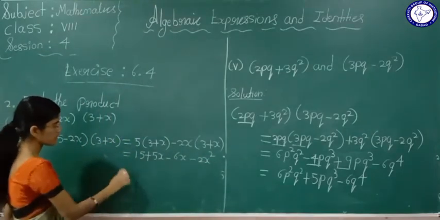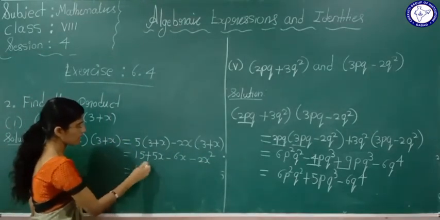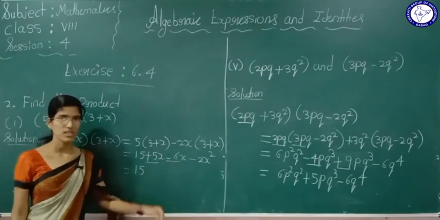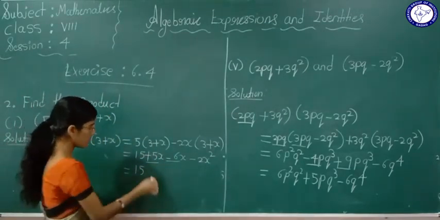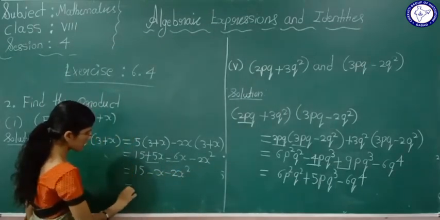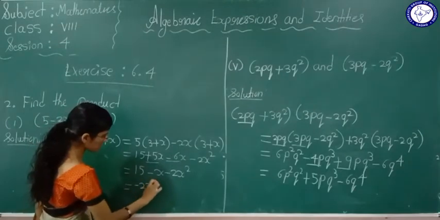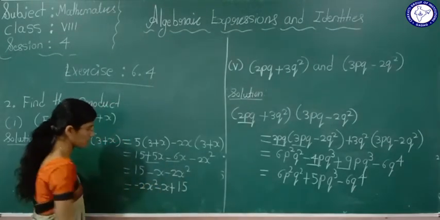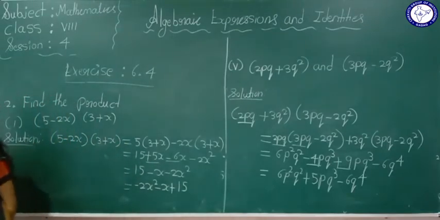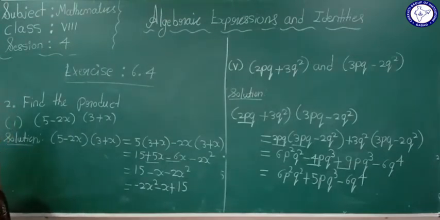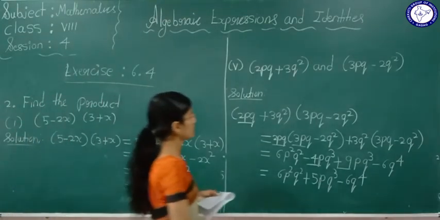Now what it will become? 15. So like terms can be added or subtracted. Plus minus is minus, 6 minus 5 is 1. It will become minus x minus 2x square. So this can also be written as minus 2x square minus x plus 15. Okay. So this is about the second main. Now we will see third main.